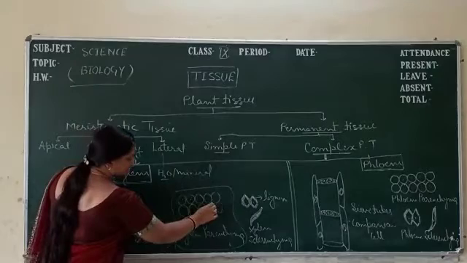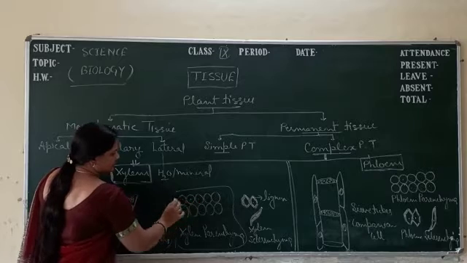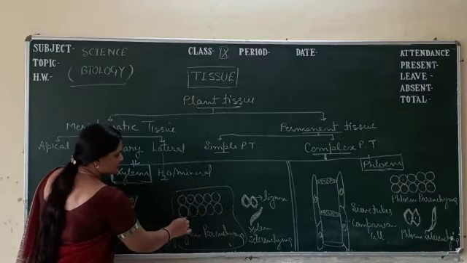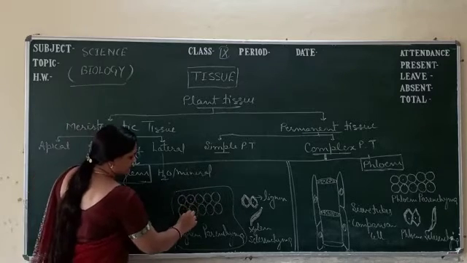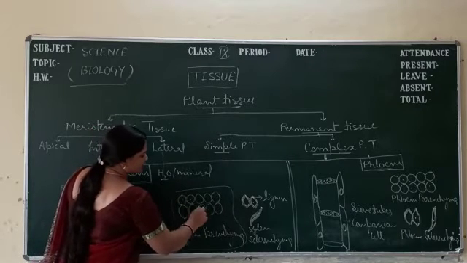You can see here intercellular spaces are present and the cells are isodiametric or spherical in shape, and in the xylem they provide food because they can do photosynthesis and also store the food.